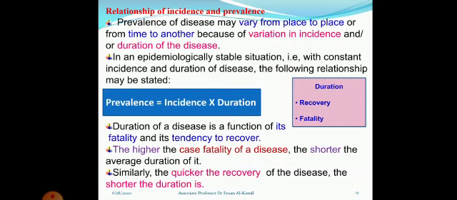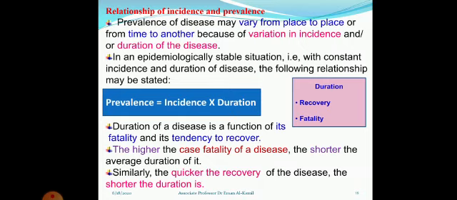Either recovery or death. So the prevalence depends not only on the incidence but also on the duration of the disease. If a disease has a short duration and the individual recovers quickly, the prevalence will be low.